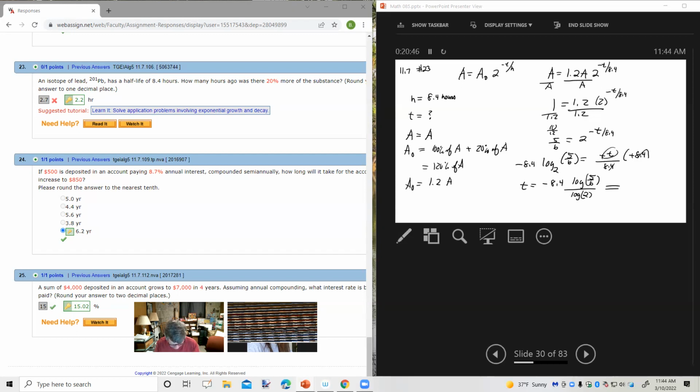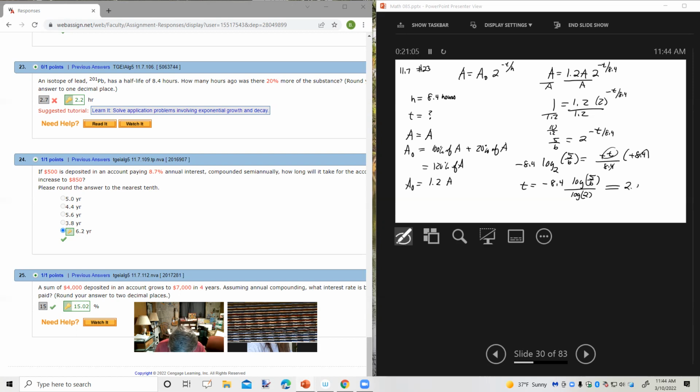Let me make sure I put things into the calculator correctly now that I've got my glasses on. I punched it in wrong. Helps to wear glasses if you can't see.